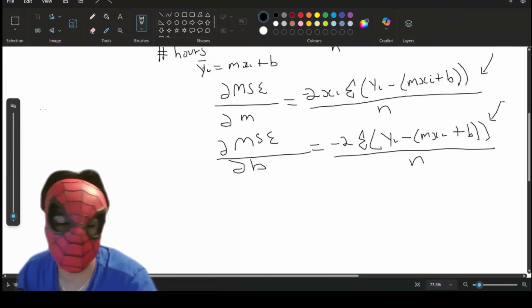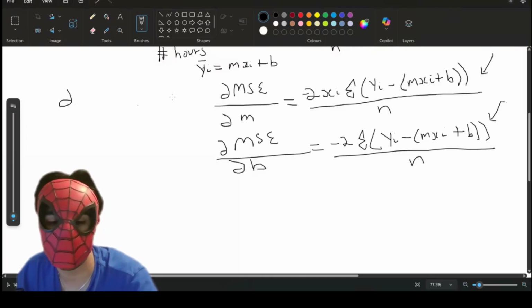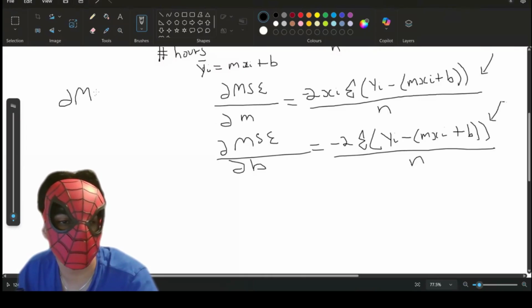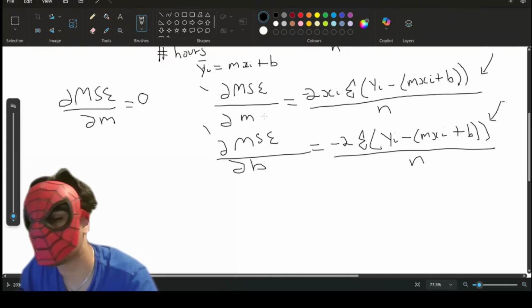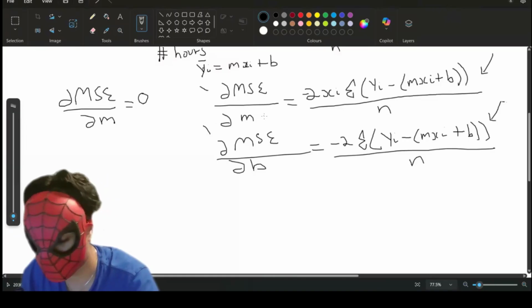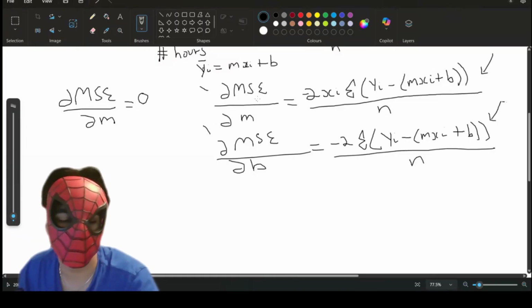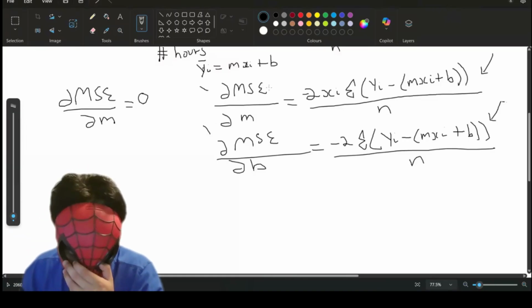Okay, so one more thing I forgot to say is that in calculus, we would set the partial derivative equal to 0 for this, as well as this, to help us find our ideal slope and y-intercept. But in Python, we cannot do this. Instead, we have to do things iteratively.